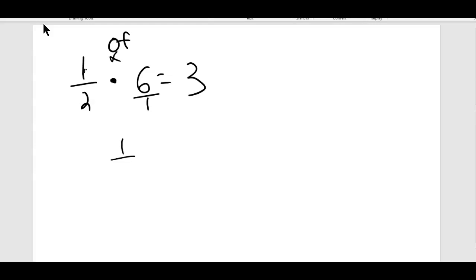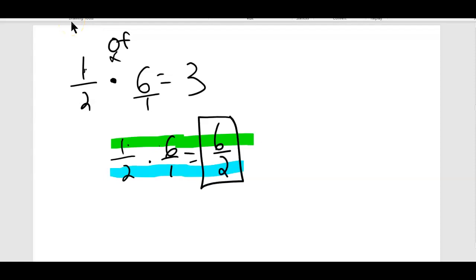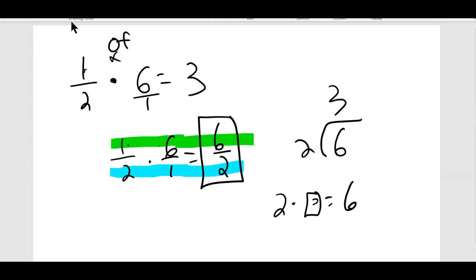Because, well, let's see, 1/2 times 6 over 1. 1 times 6 is 6. And the bottom, blue for bottom this time, 2 times 1 is 2. That's really 6 divided by 2. And 6 divided by 2 is 3. Or you can say 2 times something is 6. Well, that'd be 2 times 3.